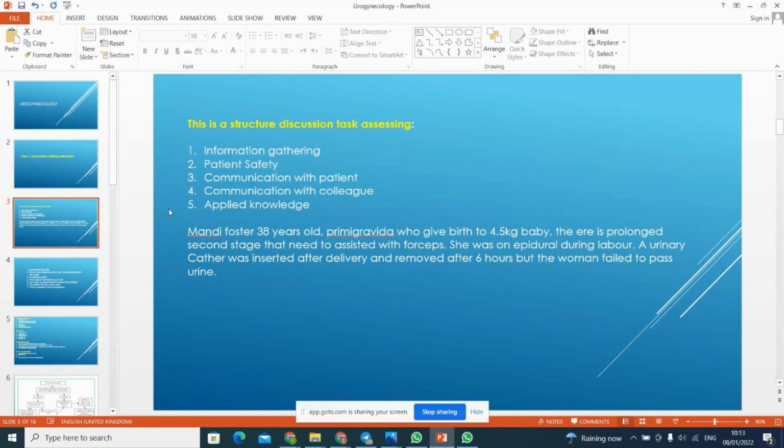Okay. For this, can you tell me what future complication could happen? In this case, the possible future complications are that she can have long-standing voiding difficulties, like hesitancy, dribbling, poor stream, and she can be straining to pass her urine.